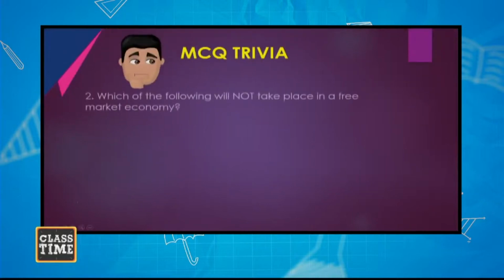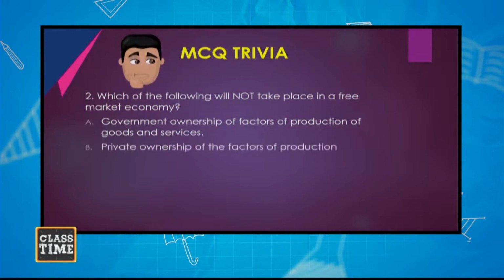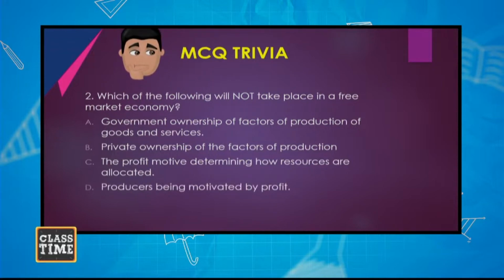Let's look at our second trivia. Which of the following will not take place in a free market economy? Is it A, government ownership of factors of production of goods and services? Is it B, private ownership of the factors of production? C, a profit motive determining how resources are allocated? Or D, producers being motivated by profit?